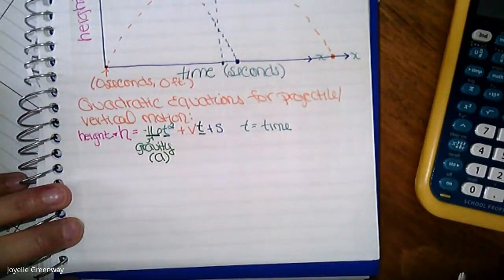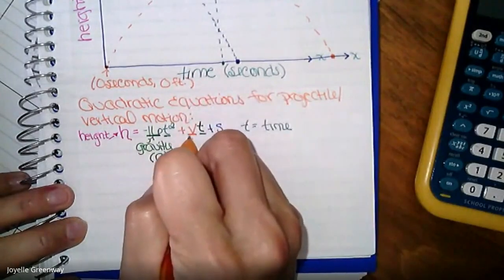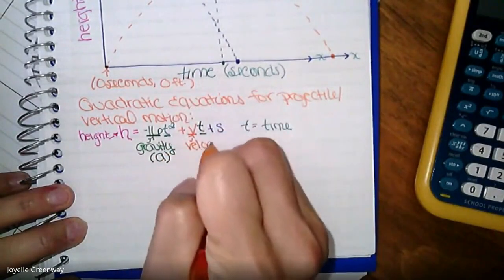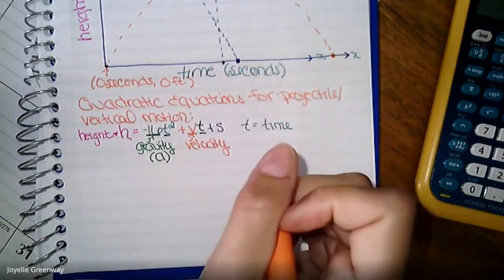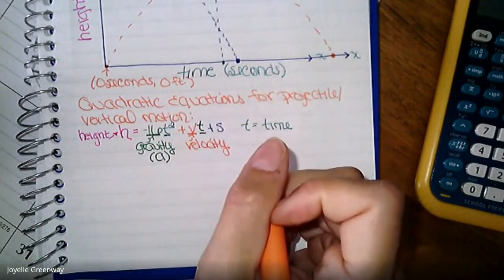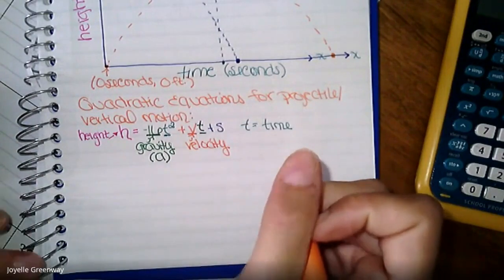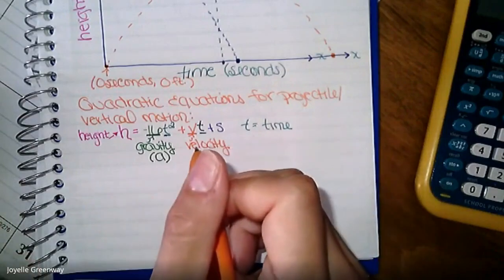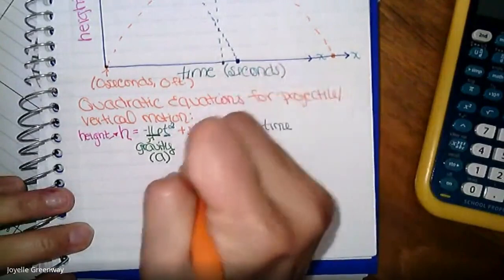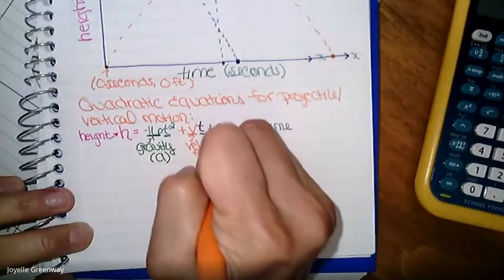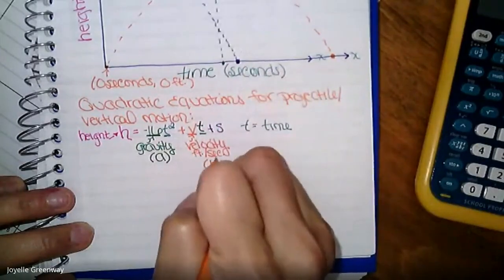Okay. V is velocity. And remember, velocity is your speed and direction, right? They'll usually give you that as well, and this is usually in feet per second. And that's your B value.